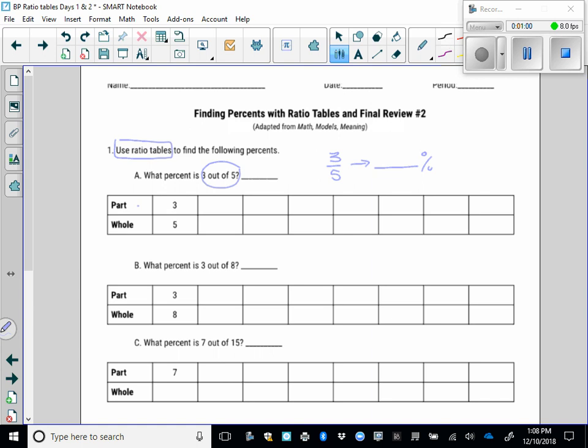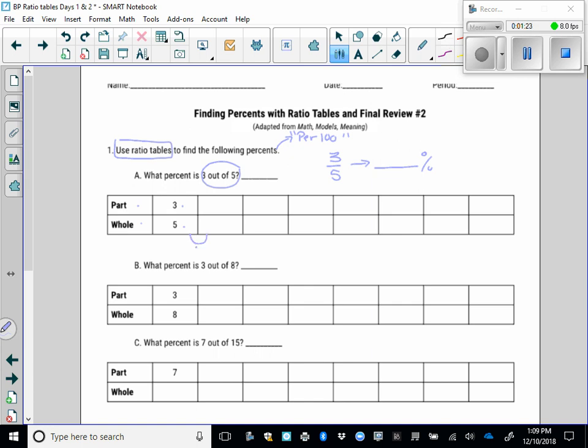And so we're going to do a part-to-whole comparison. The part is 3 out of 5. And so what we learned in class was the goal is to get the whole part to be out of 100, because percent means per 100, which means instead of 3 per 5, we want something per 100.